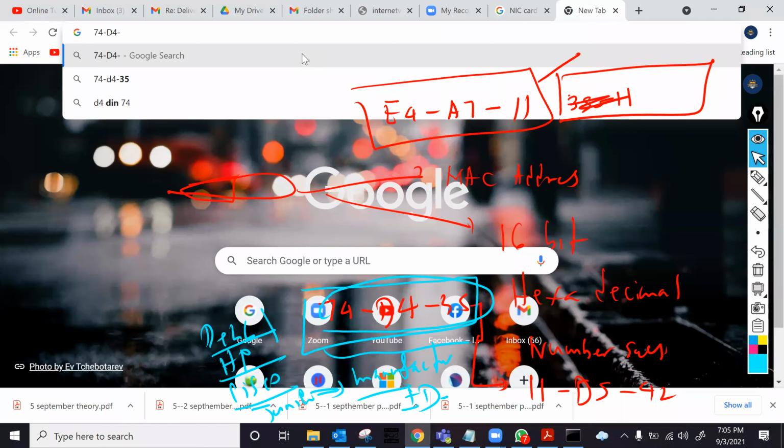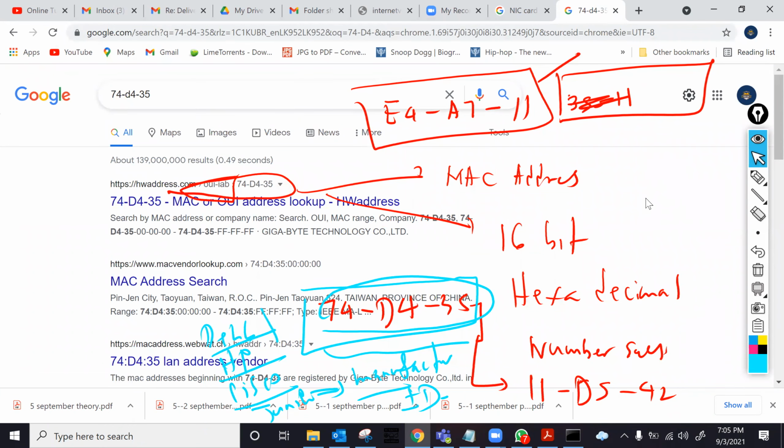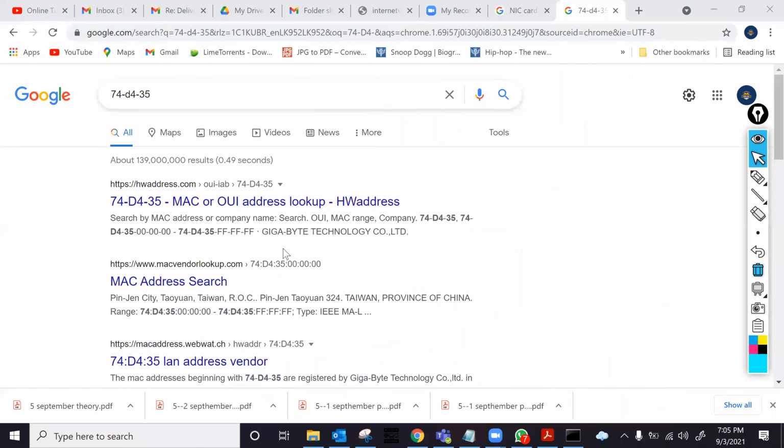Wait. This belongs to Gigabyte Technology. I think your computer's motherboard is from Gigabyte. Got it? Yes, sir.